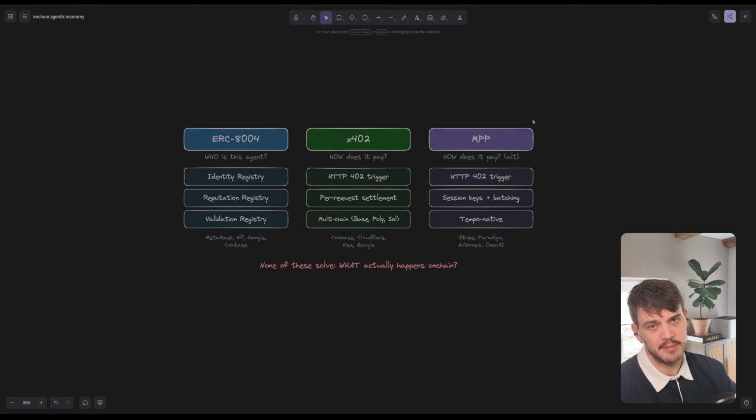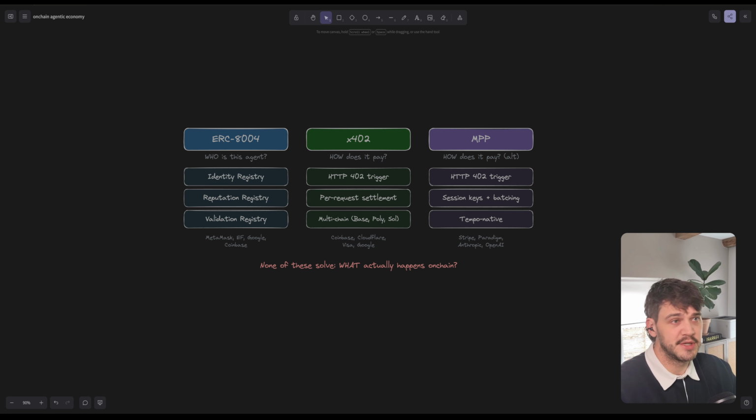MPP instead batches multiple requests via session keys and streams these micropayments off chain. In the end, it batches thousands of vouchers into one single settlement. And this will be on Tempo's chain.